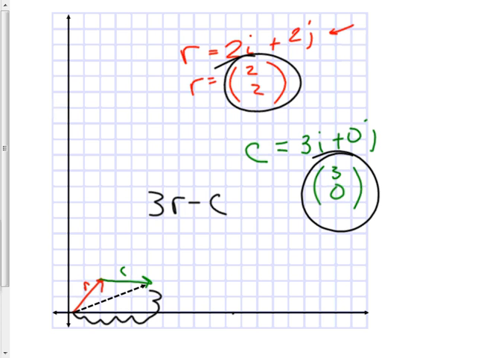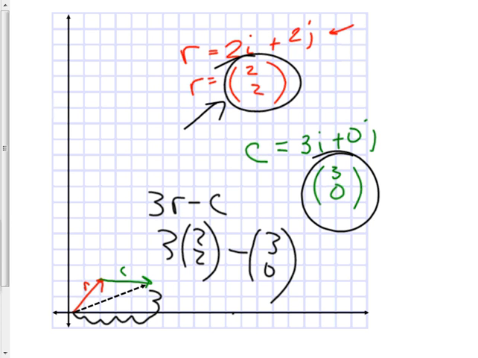Okay, 3 times 2, 2 minus 3, 0. So this comes out to 3 times 2 makes 6, 3 times 2 makes 6, 6, 6, minus 3, 0, which makes 6 minus 3 is 3, 3, 6.